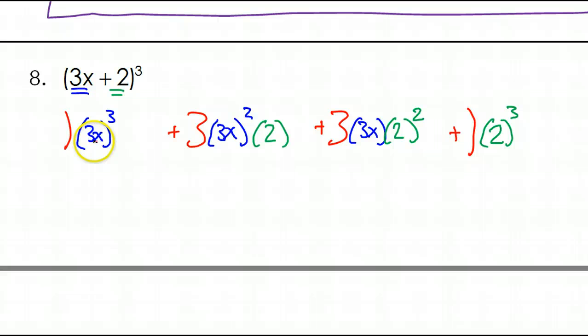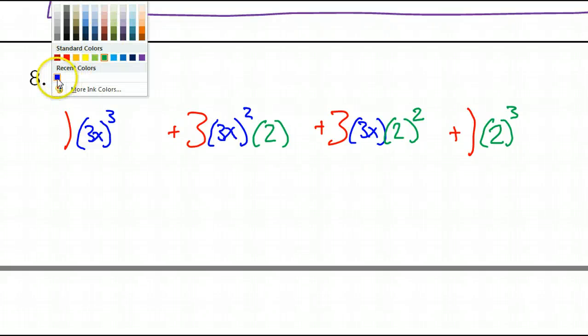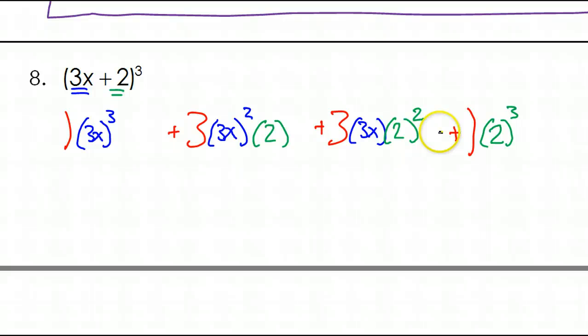Doing 3x to these powers, I think I'm going to do that right now everywhere. Okay, so let's just concentrate on the blue. 3x to the third power. Well, 3 to the third power is 27. So remember, I'm not multiplying these. I'm not going to put 9. 3 to the third power, that's 3 times 3 times 3. That's 27. So I'm going to get 27x cubed from this blue stuff here.